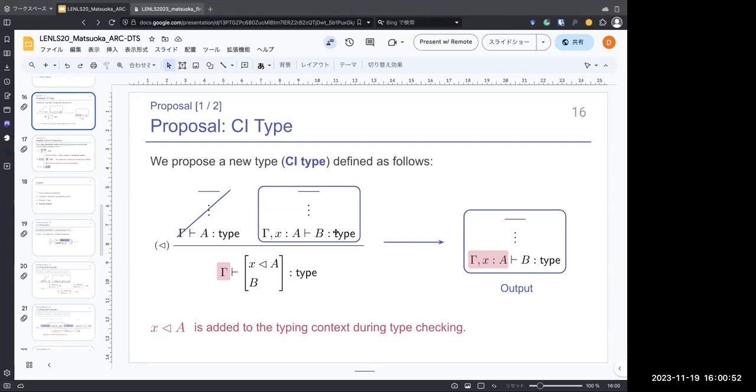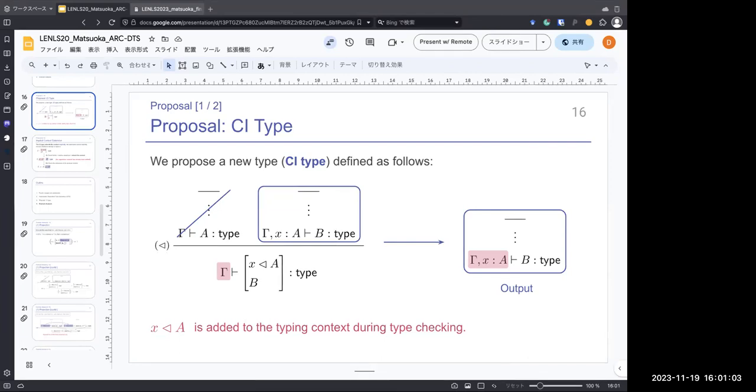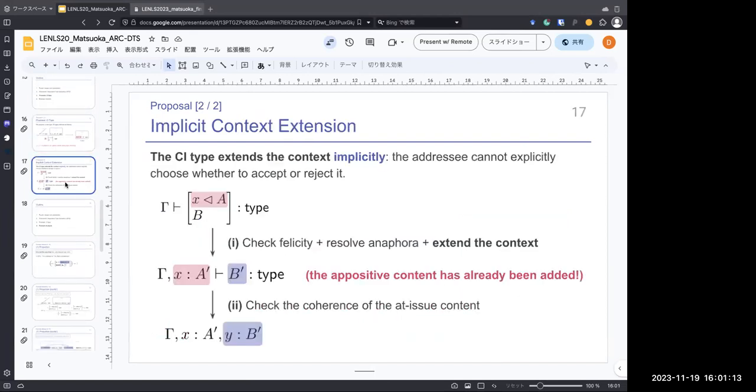Okay, I have one question. This is related to Sawada-san's question. In detail, the presupposition resolution can fail. That means that type checking can fail. But according to your proposal, the type checking for CI, I mean the context extension in your sense, always succeeds.